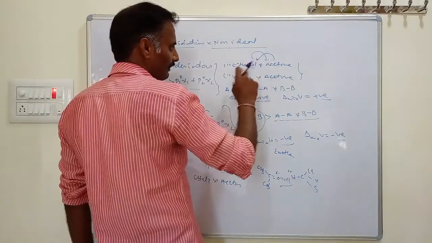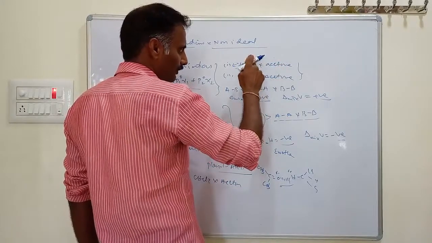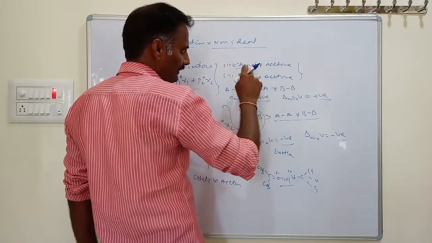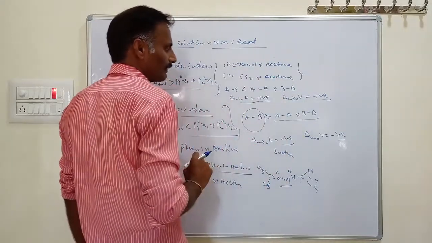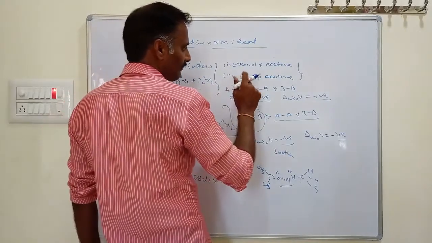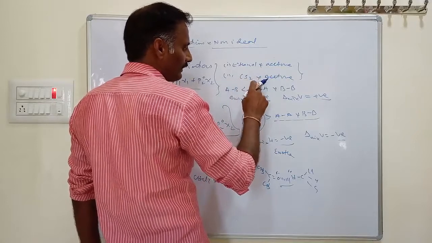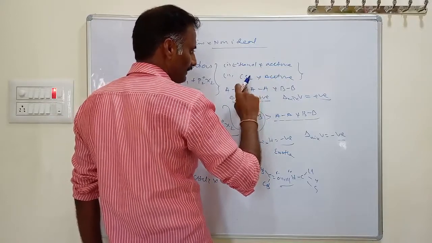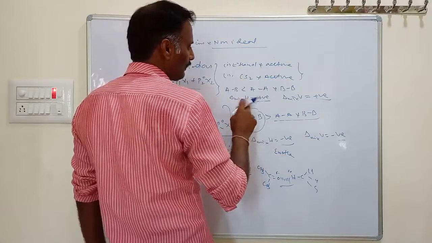Similarly, in case of ethanol and acetone, if you add acetone to the ethanol, the hydrogen bonds break. When hydrogen bonds break, the molecules move apart from each other. The volume increases, and delta mixing H becomes positive. Similarly, in case of carbon disulfide and acetone, there are dipole-dipole interactions. The dipole-dipole interactions become less by mixing acetone and carbon disulfide. That's why they show positive deviations.